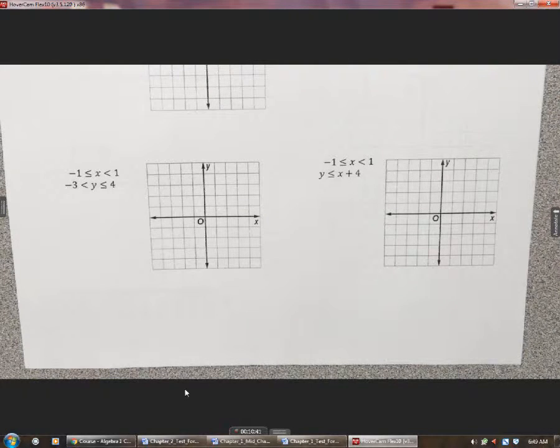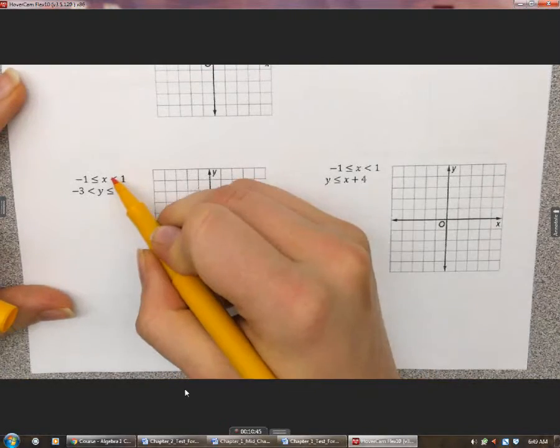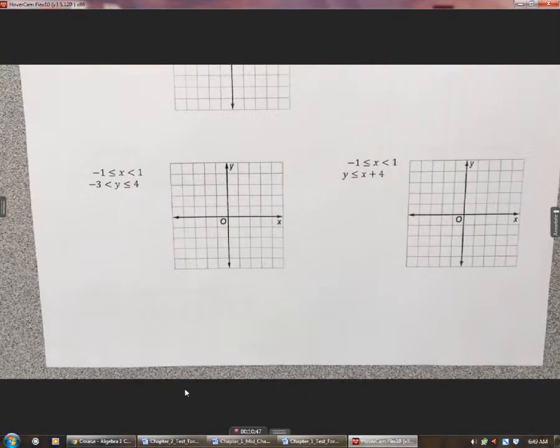You kind of have to think of this as if you broke this up into two statements. So this first one, I'll let you copy it down. Negative 1 is less than or equal to x, which is less than 1. I'll let you copy the rest.